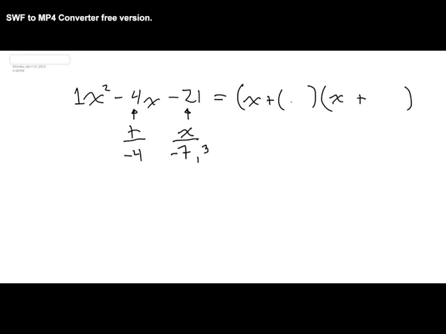Putting these in, I have x plus -7 times x plus 3. Simplifying, this is the same as x minus 7 times x plus 3. We're going to take a look at more of this in our next video.